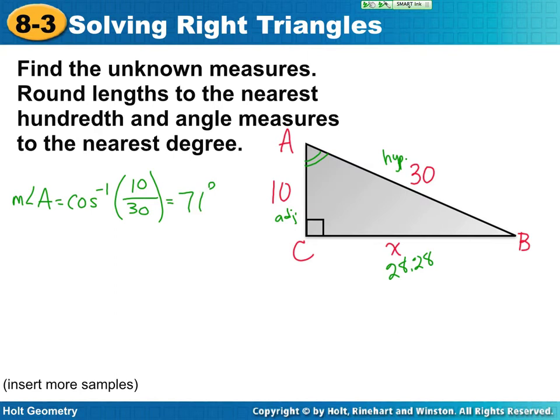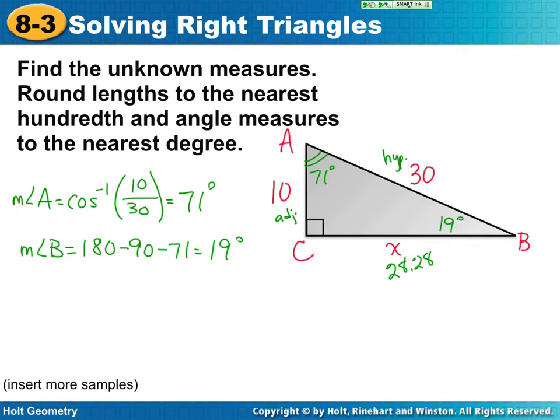And if I want to use that and subtract to find B, you could, or you could do another trig ratio. I'm going to guess most of you will subtract. So if you missed that one, then you're going to miss this one too. 19 degrees. It's common to get those angles backwards, so take a look at the picture.